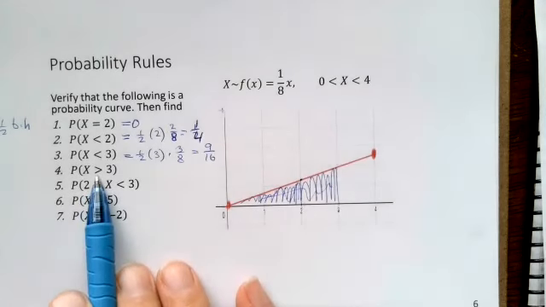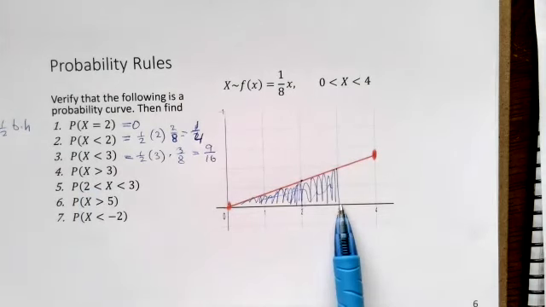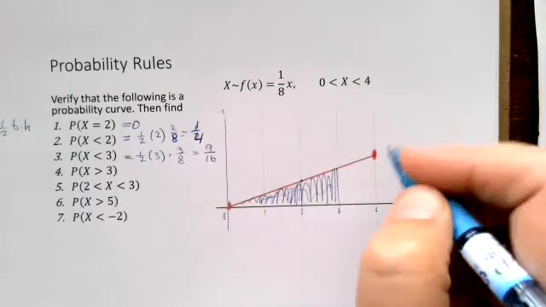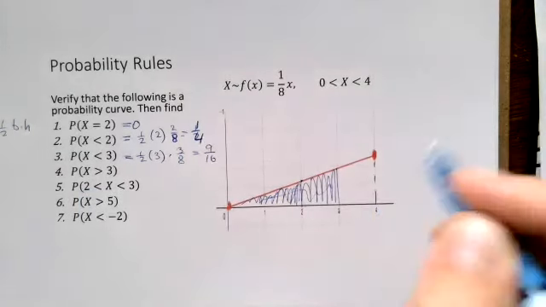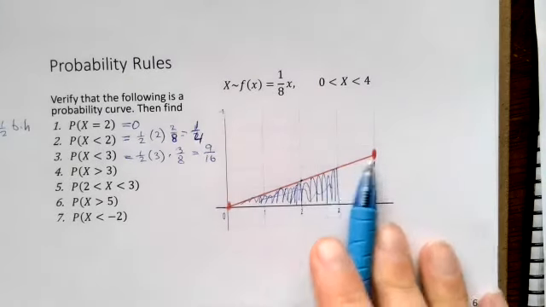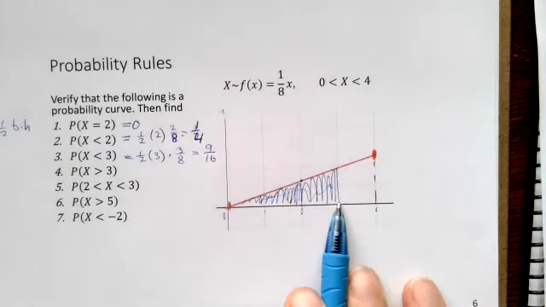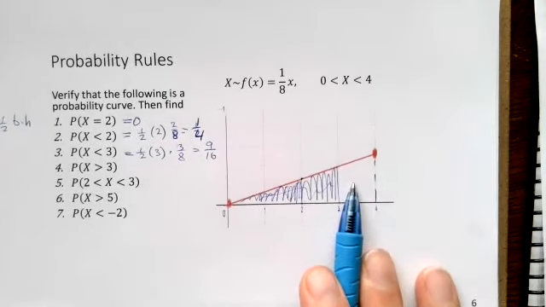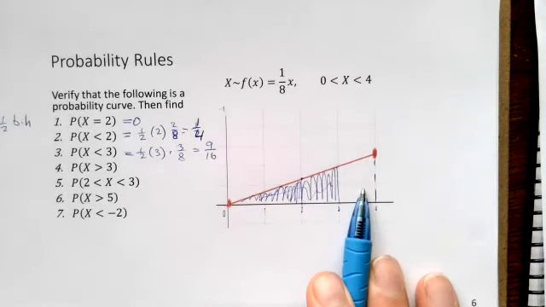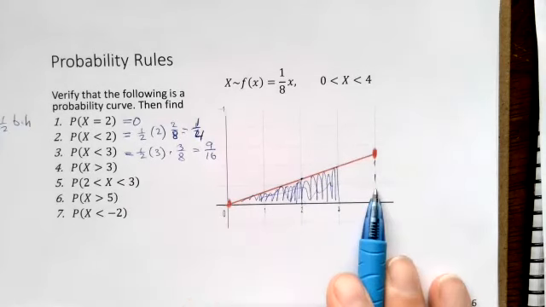What is the probability that x is greater than 3? So that would be the area to the right of 3. We could actually use the trapezoid area rule if we wanted to, but we could also use the complementary rule. So the total area is 1.